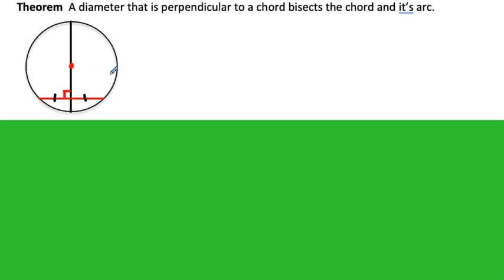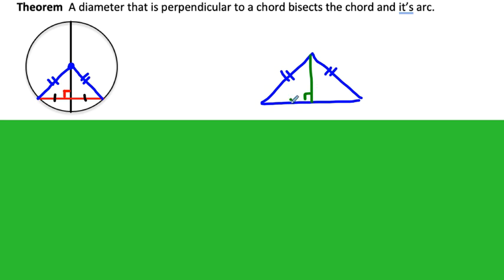Let's see why. You guys have gotten really good at that oh so cool isosceles triangle. How would we make an isosceles triangle here? We've been talking in class about how it's really nice to think of radii. If I draw a radius from the center of the circle to the endpoints of the chord, all radii are equal, so I've created an isosceles triangle. And remember, if we have an altitude in an isosceles triangle, then it bisects the side.